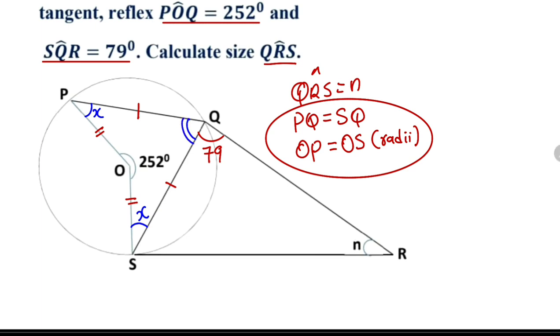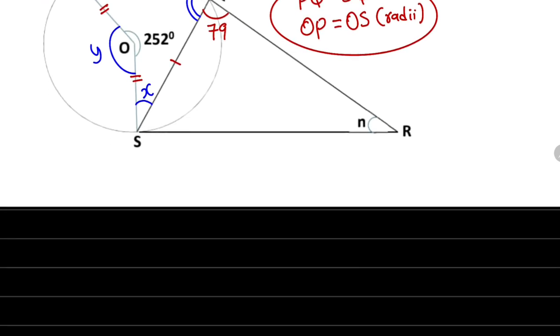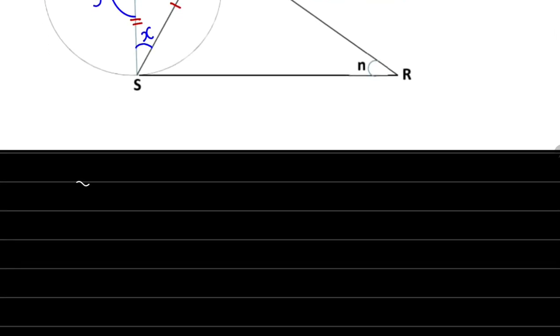The next thing to do is to find this angle. How do I find this angle? Let me put this angle y. I need to find this reflex. Once I put that to be y, then it means that y plus 252 must be equal to 360. Okay? And that is angle round a point.